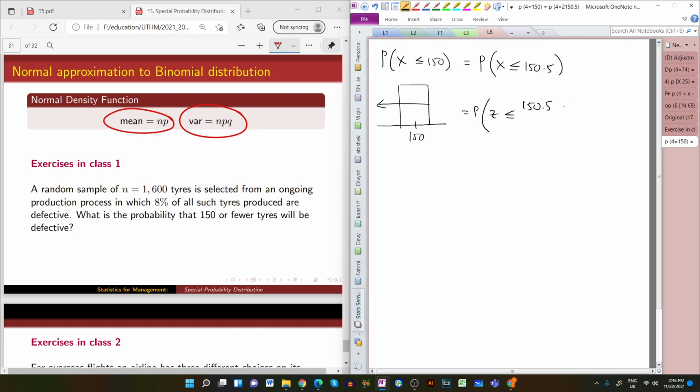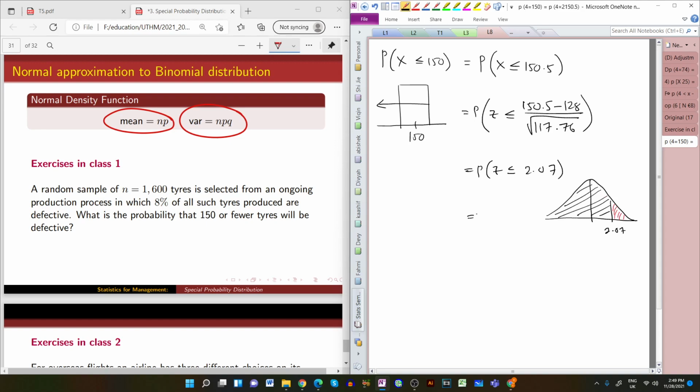Now you can do as normal, do normalization. Standard deviation is 117.76. Do this, 2.07. 2.07 is here. You need this part of the shaded region, therefore you need to find this one.